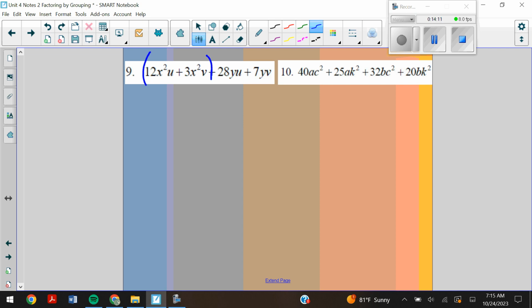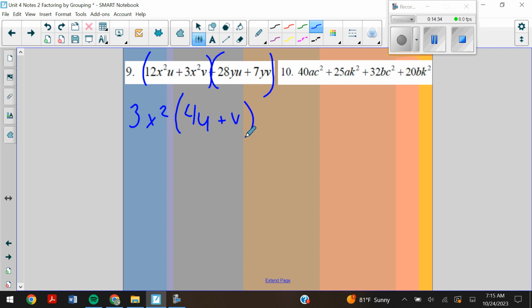So we're going to go in and start in the first one. So 12 and 3, I can, x squared u and x squared v. So I can pull out x squared. And so I'm left with 4u plus v on that one.